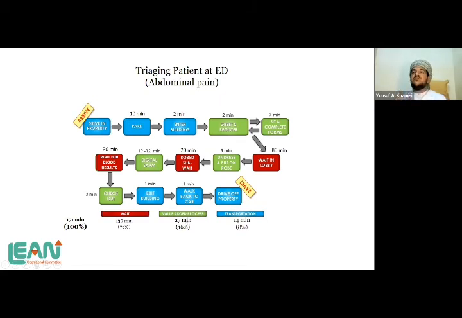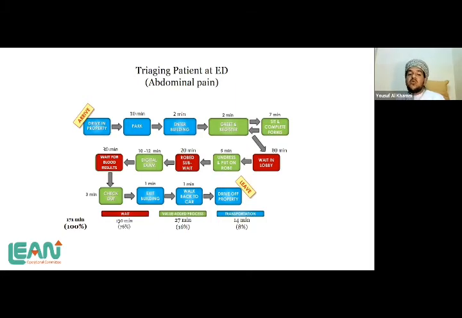Remember, we are talking about value added and non-value added. The value added process from the whole process is only 27 minutes, which represents 16% of the whole process. So the remaining percentage is only non-value added time.